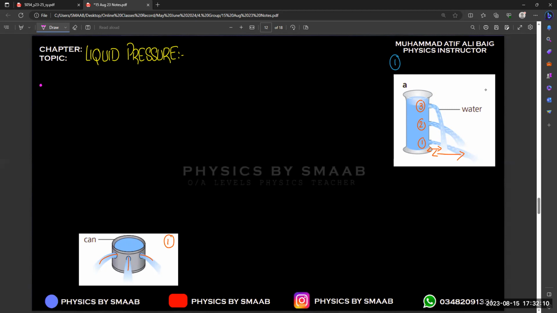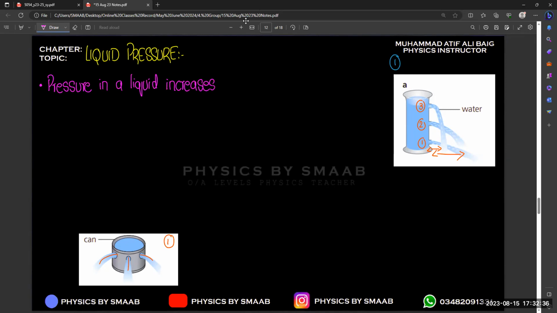The very first point: pressure in a liquid increases with depth.